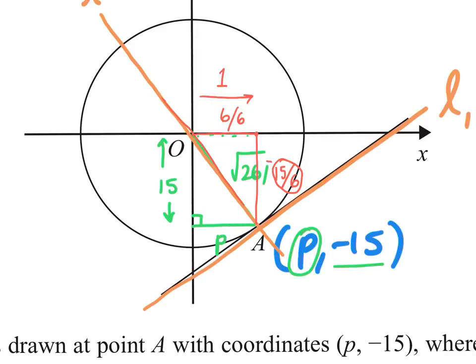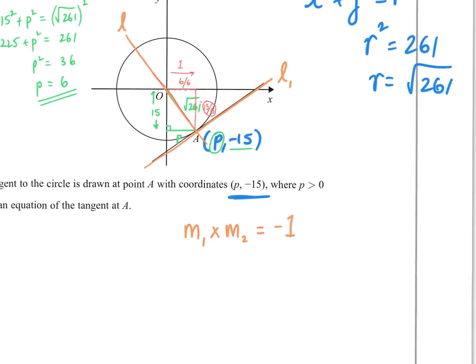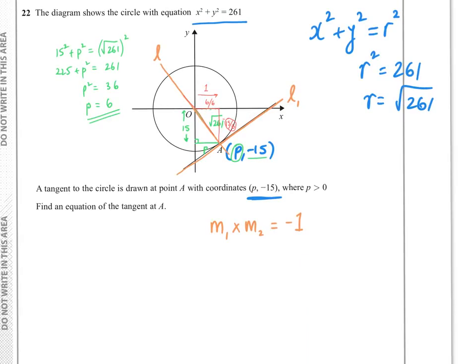So we know the gradient of the line L, so I can write that down here. So we know the gradient, and I'll do a subscript here, L, is minus 15/6, and we can cancel that down because 15 is 3 times 5, 6 is 3 times 2.